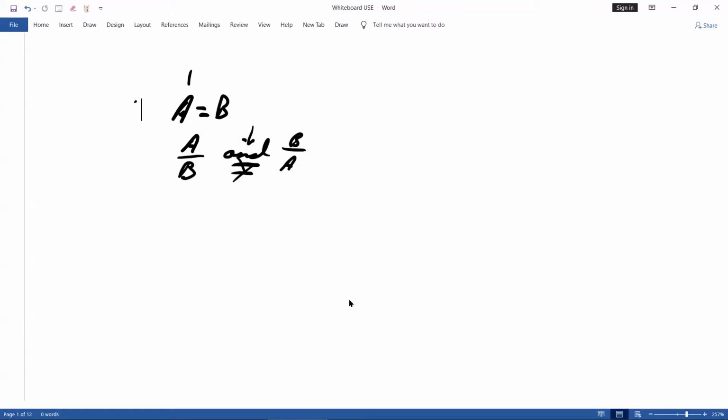Whenever you have something equals something else, you can have one side over the other, and the other side over the first side. That you should remember.